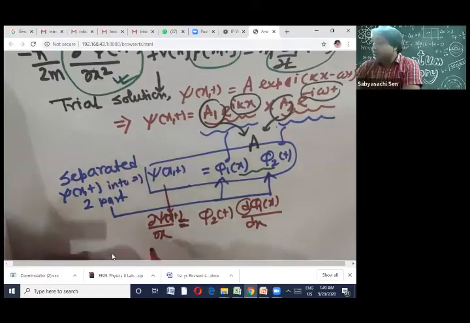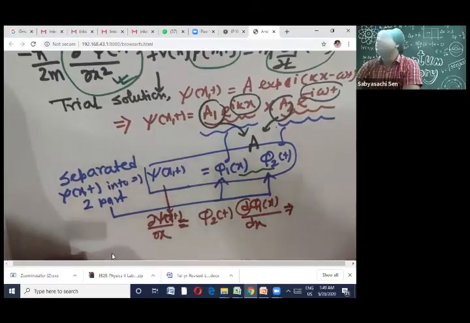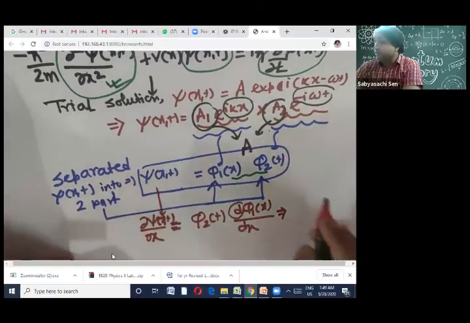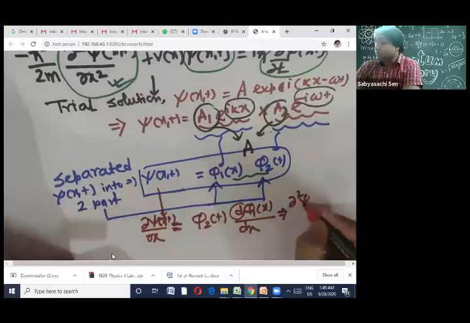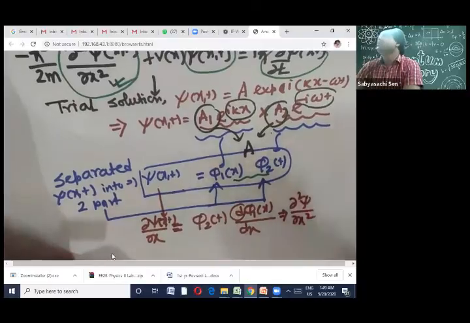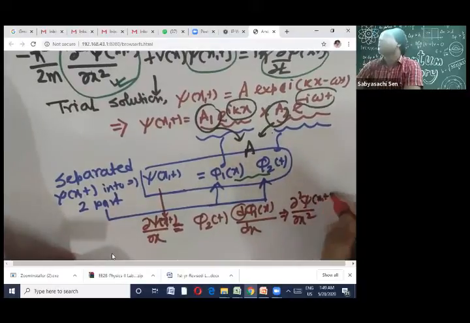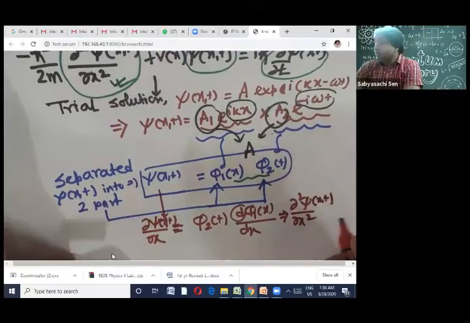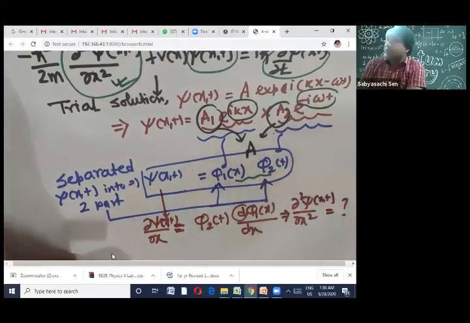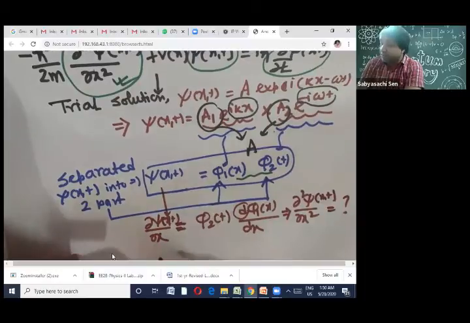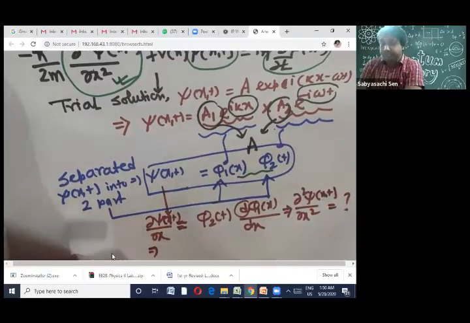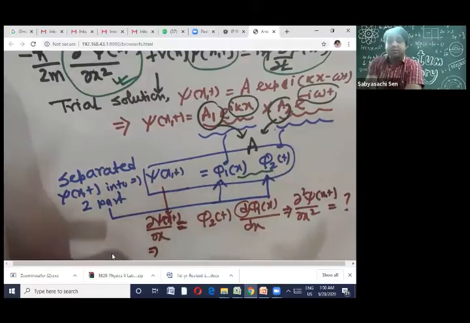From here you can write the value of del 2 psi del x2. Now you have to do a double derivative of this.